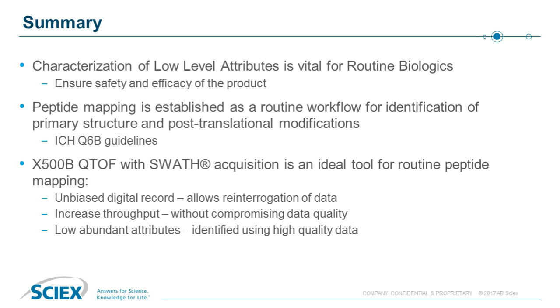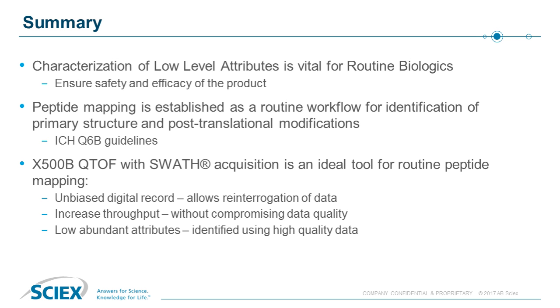So just briefly, as I've said, we didn't really have very much time to go through a lot of things. But I'm hoping that I was able to define and explain what we're discussing with respect to low-level attributes and how vital they are for routine biologics to ensure the safety and efficacy of the product.